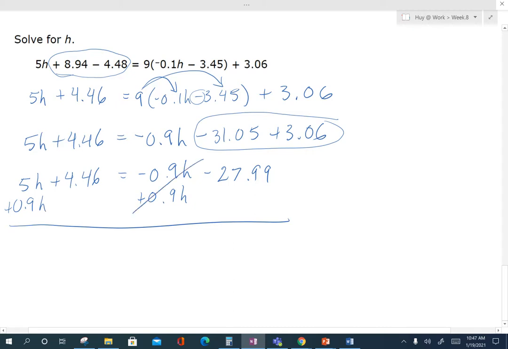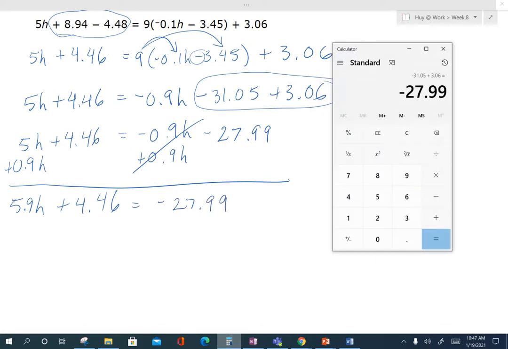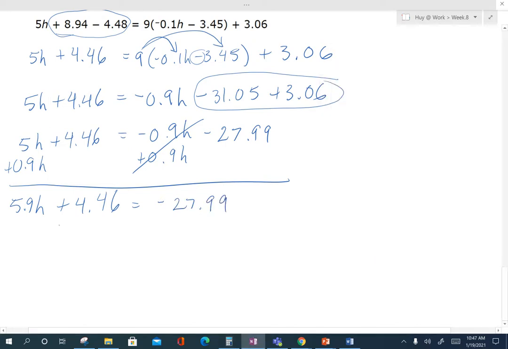So they cancel out there. It's just 5.9h plus 4.46 equals negative 27.99. Okay, we can't do anything yet until we solve this two-step equation by working towards isolating this variable.